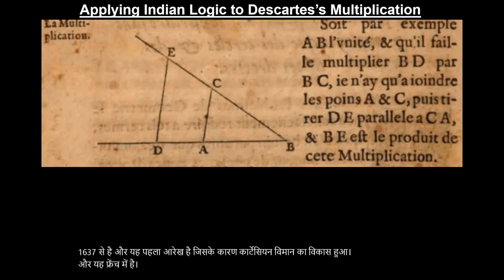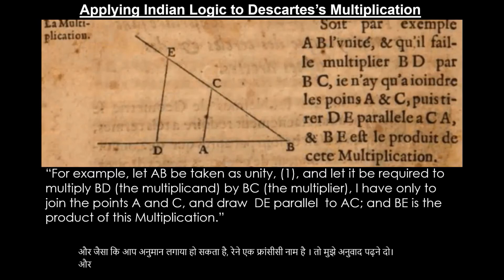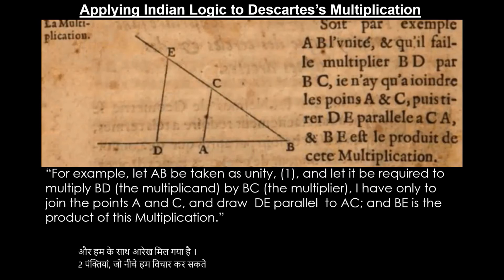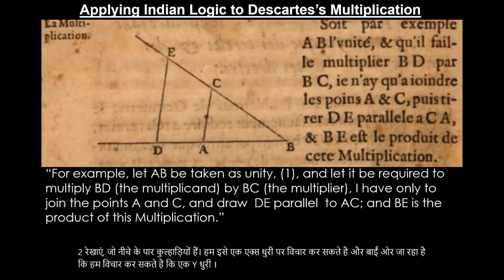As you might have guessed, René is a French name. So let me read the translation. We've got the diagram with two lines, the axes. Across the bottom, we can consider it an x-axis, and going up to the left, we can consider that a y-axis. But let me translate the words of René Descartes.